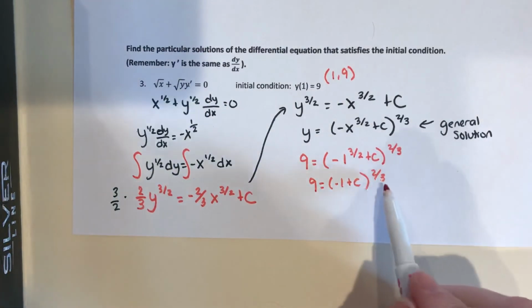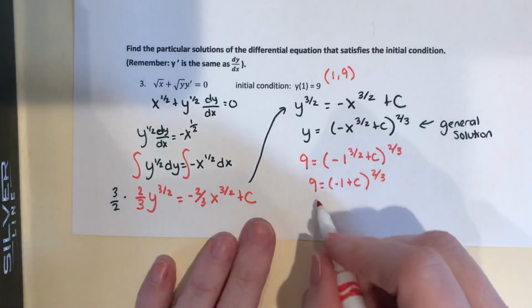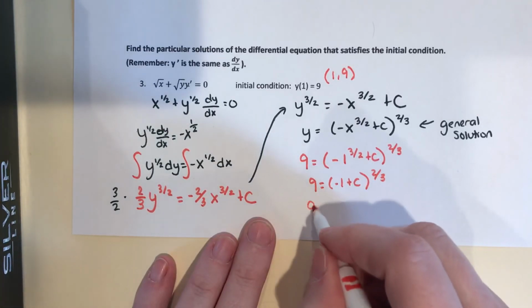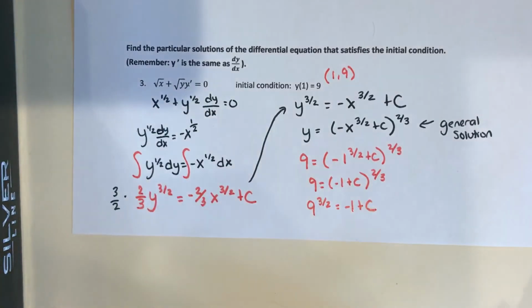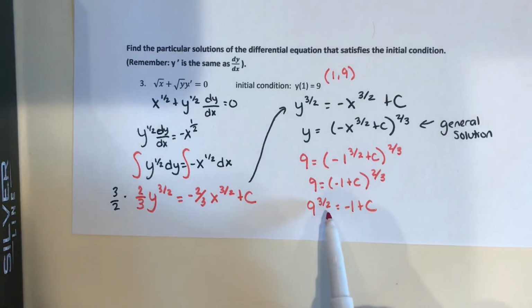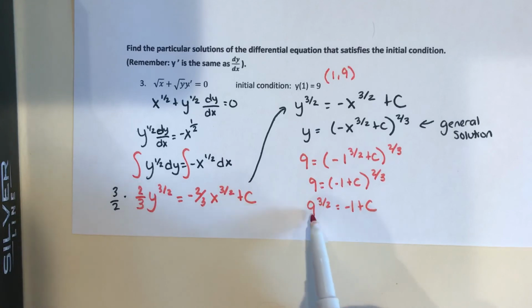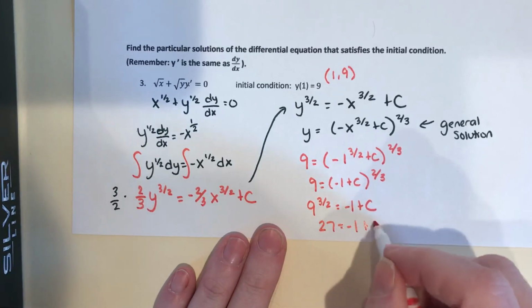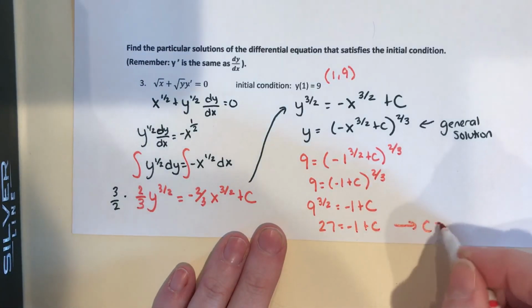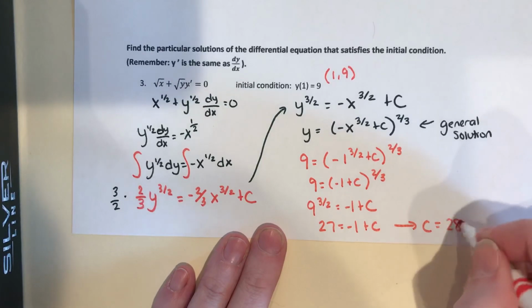So now I'm going to undo this exponent, take a 3/2 exponent to both sides. Now, if you can't use your calculator in this one, the bottom number is the root. So the square root of 9 is 3, and then 3 cubed is 27. So that means C is, if I add the 1 over, 28.